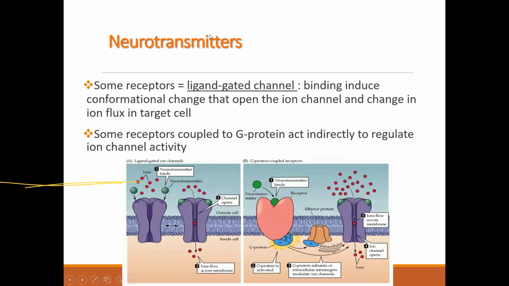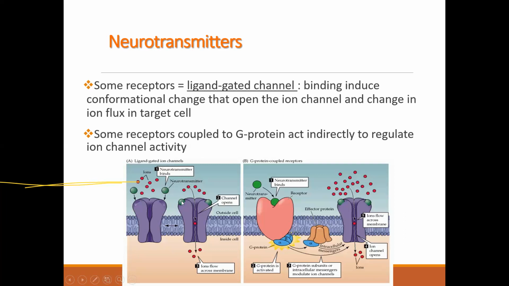Okay, the neurotransmitter can bind to the receptor on the surface of the target cell. Some receptors are the ion channel itself. So it means that besides performing as a receptor, they also have the properties of an ion channel, or we call it a ligand gated channel. For example, like in this picture. Okay, this is the receptor of neurotransmitter. Neurotransmitter is the green ball.